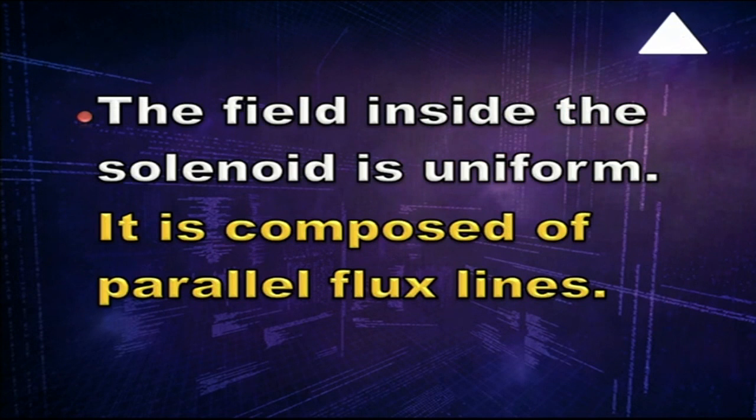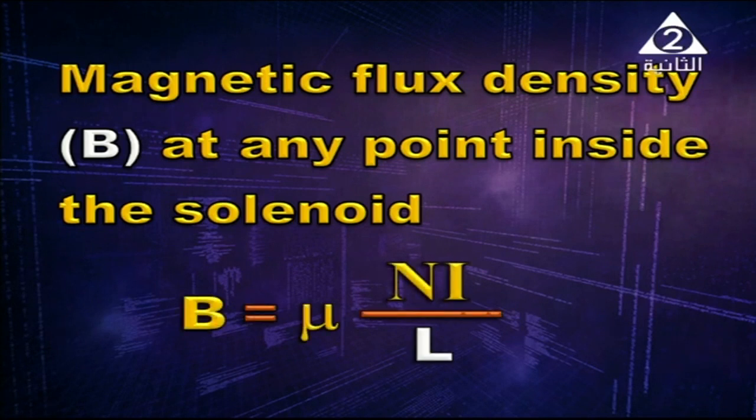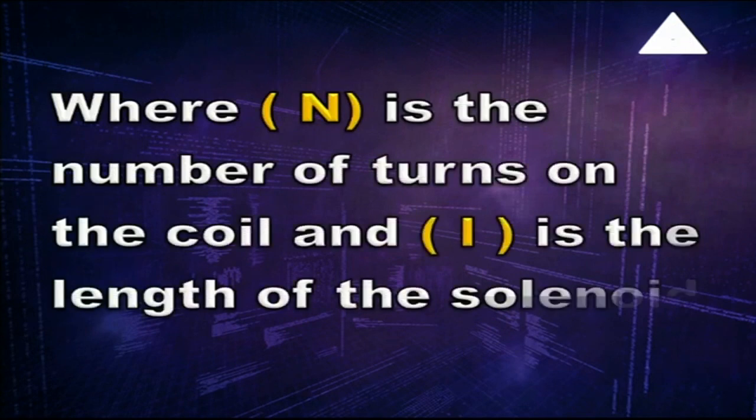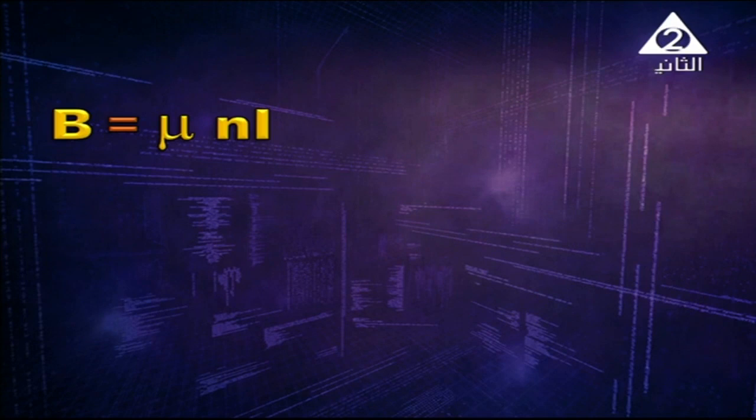So we expect to find a relation to determine the magnetic flux density at any point inside the solenoid, or at the axis of the coil. Magnetic flux density at any point inside the solenoid, B equals mu N I over L. N is the number of turns on the coil, I is the current intensity passing through the solenoid, and L is the length of the solenoid.